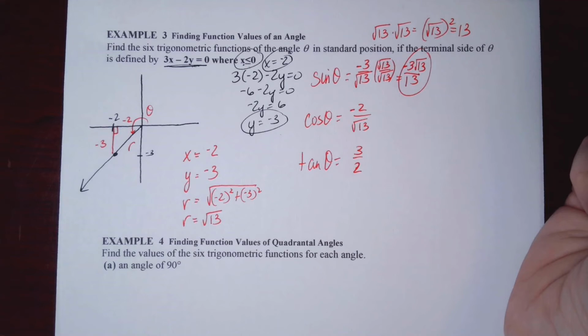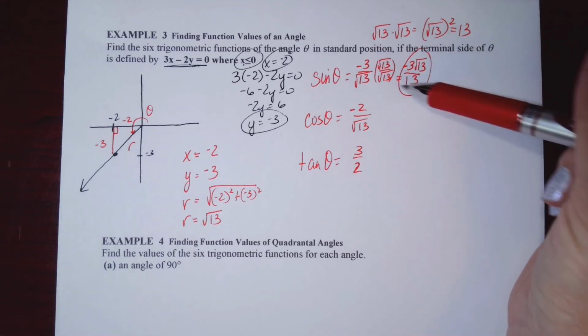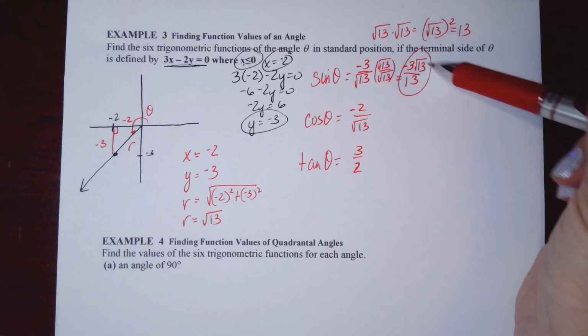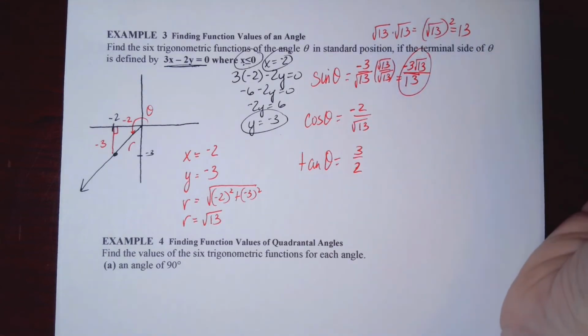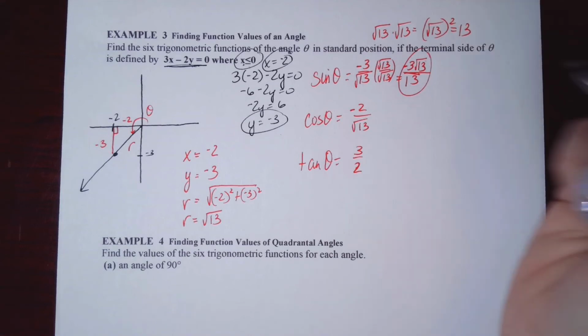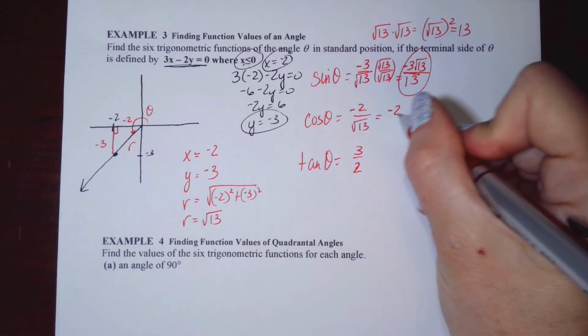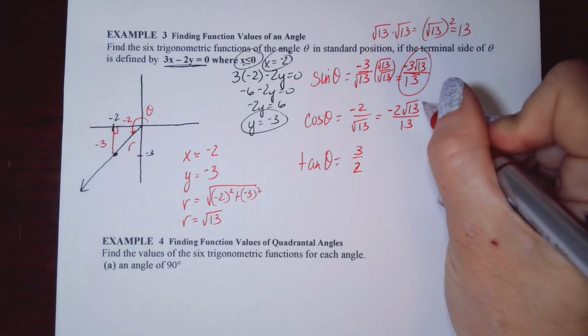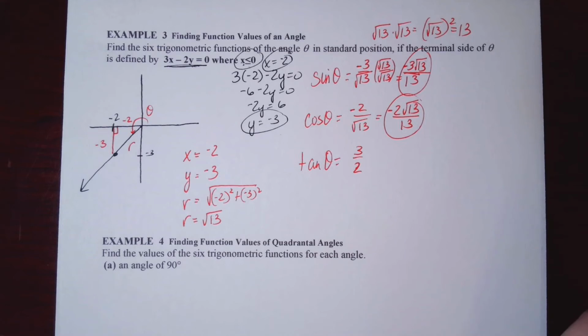That's the sine function value. Now, the square root did not disappear. I just rationalized it. It moved up into the numerator because that's best practice mathematically. It's standard that we don't leave a radical in the denominator. I will do the same thing here and end up with -2 square root 13 over 13 for cosine. And then tangent is just 3/2.